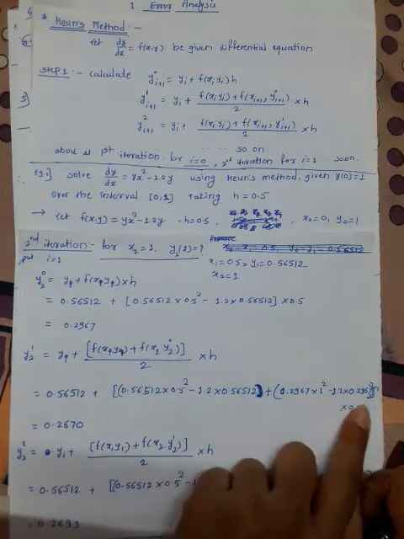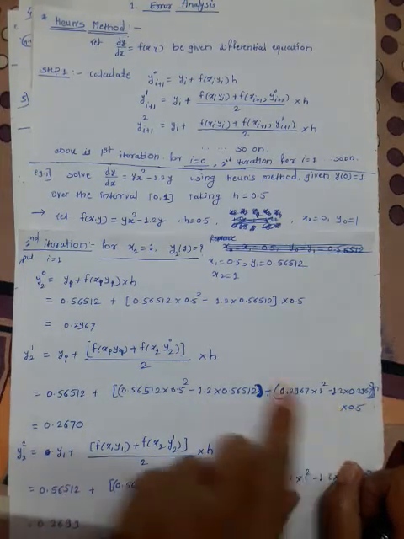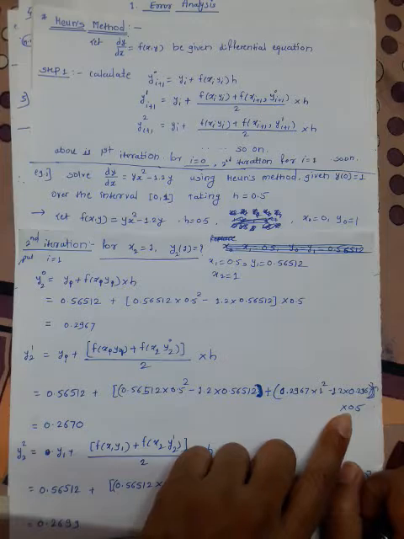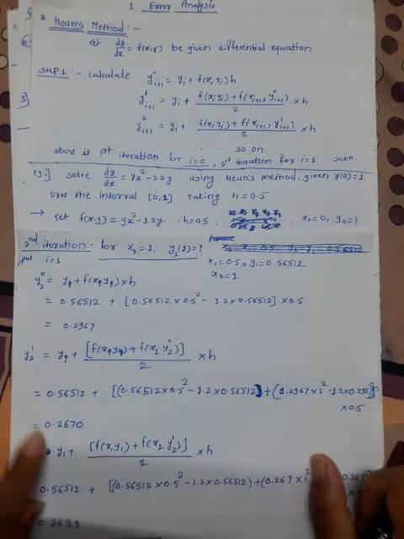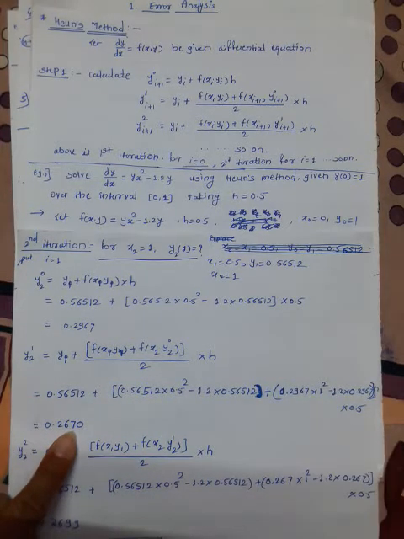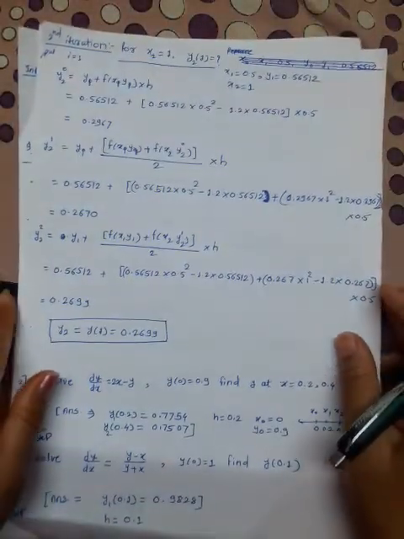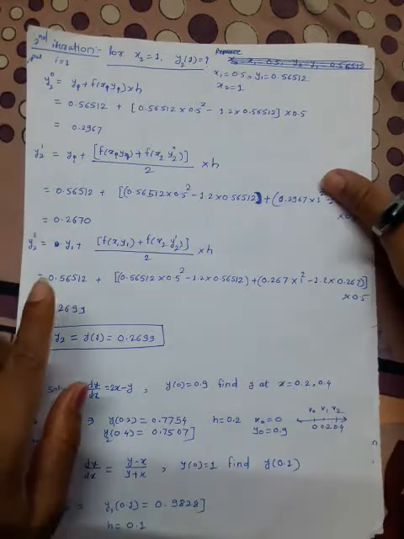We get this step. Bracket complete into h as it is, 0.5. Now calculate on the calculator, we get 0.2670. This is the first approximation of this second iteration.